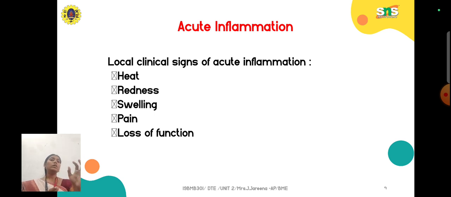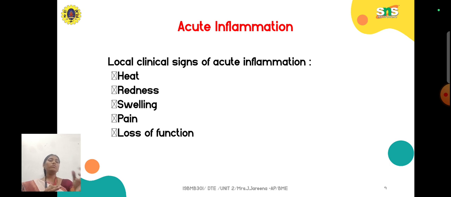In this case, the other signs in the area of inflammation are that you can feel heat, warmness in that particular area, redness and swelling. There will be an accumulation of fluid during inflammation, and pain also, because at the damaged site there is a chance for the pain nerve to get damaged.